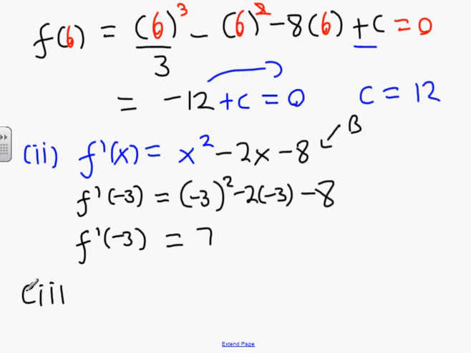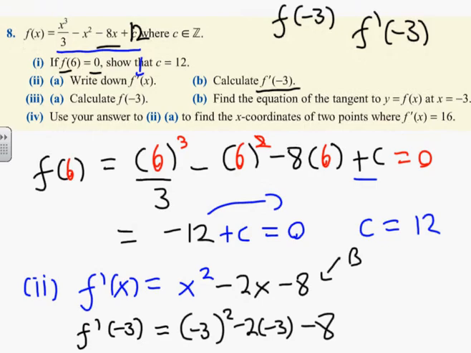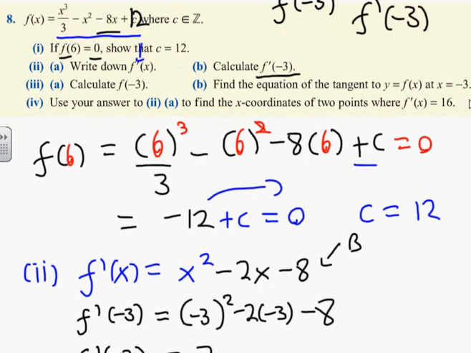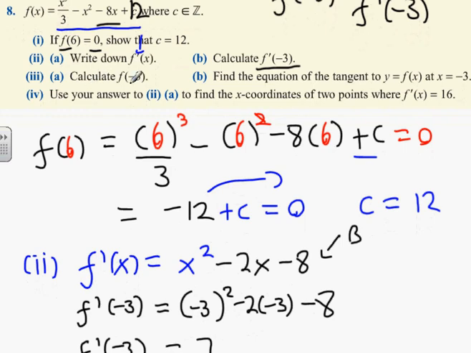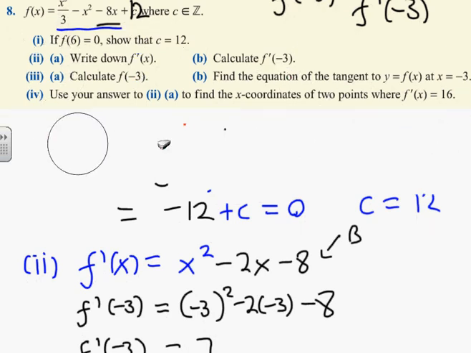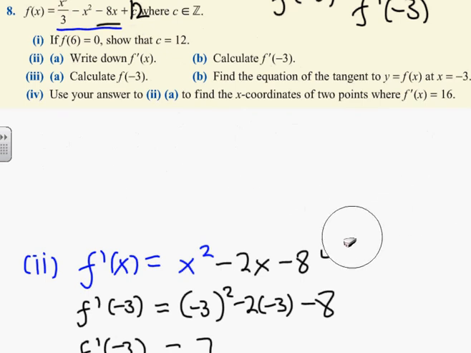What's the next part? This part here, okay? It now asks me to calculate f(-3). Just what we were talking about a second ago, Nick. How would you calculate f(-3)? You would put it in the first one.